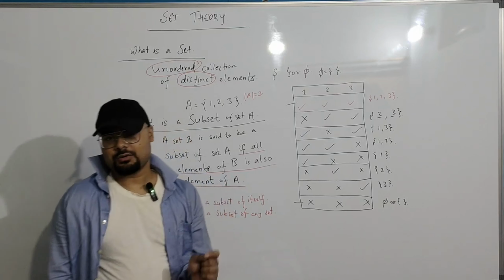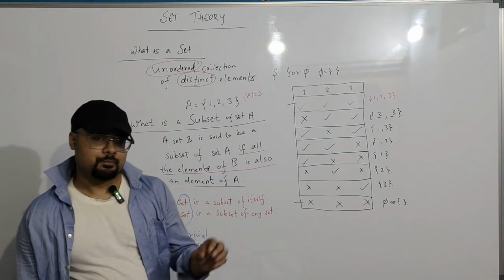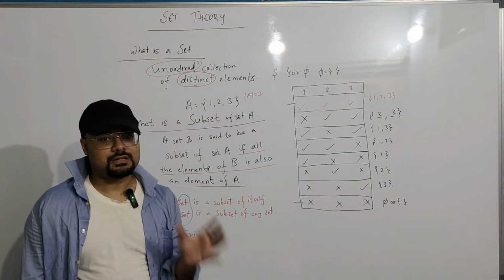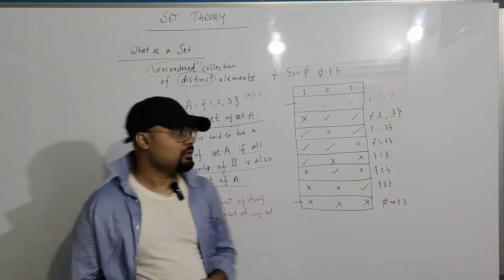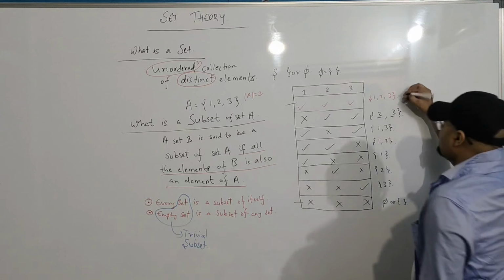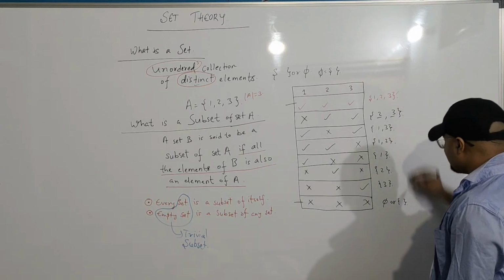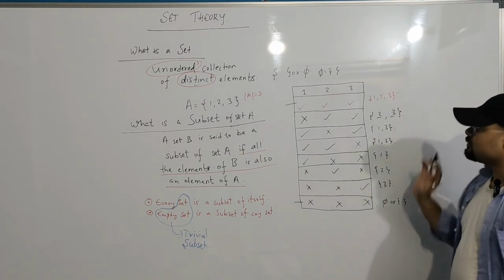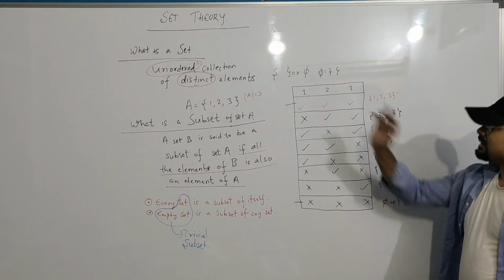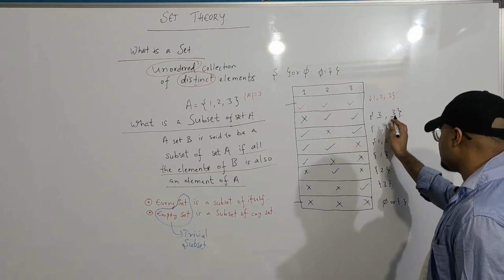A proper subset of a set is when there is at least one element in the set which is not there in the subset. So apart from this, for every other subset, you can find at least one element which is in A but not in the subset.